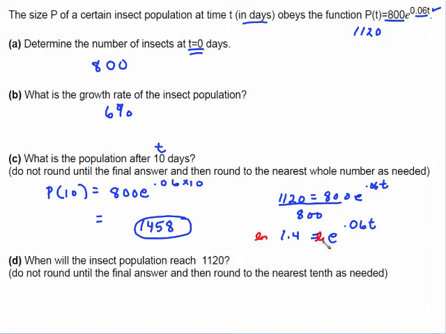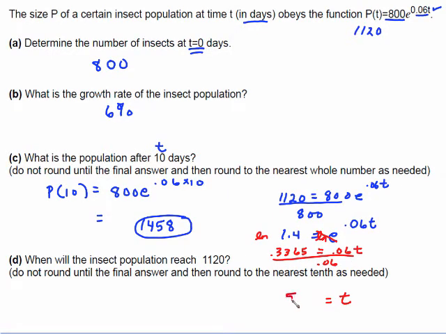So if we do ln of both sides, of course right now you've got this whole number sitting on your calculator, so you can do the ln of that number by doing ln of second answer, and that comes out to be approximately 0.3365. Of course, leave all the number on your screen, but ln e goes away and we have 0.06 t. So what's sitting on your calculator is this big number, 0.3365, etc. Leave it there, and to solve this equation for t, we're going to divide both sides by 0.06, and t equals 5.6 days.